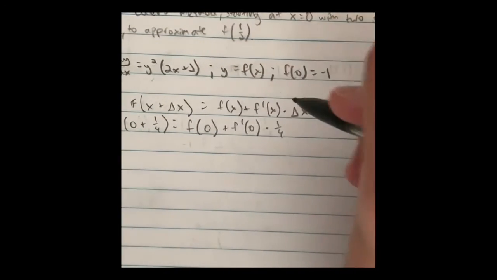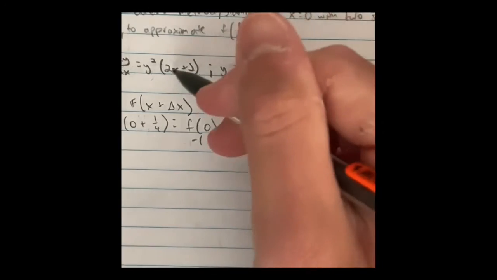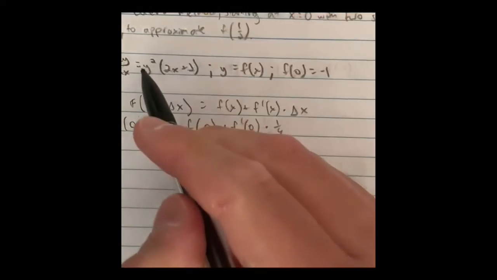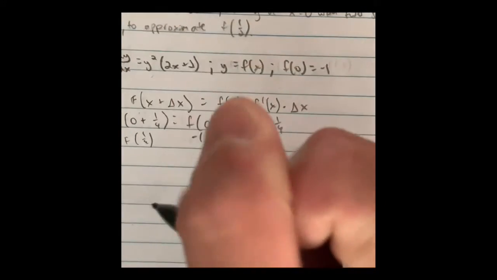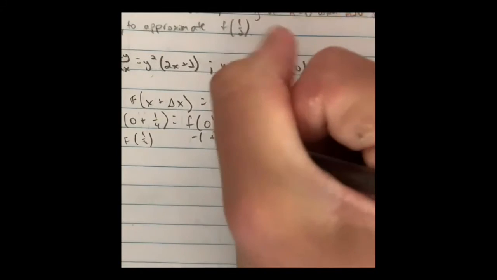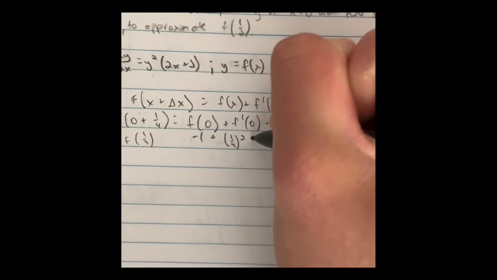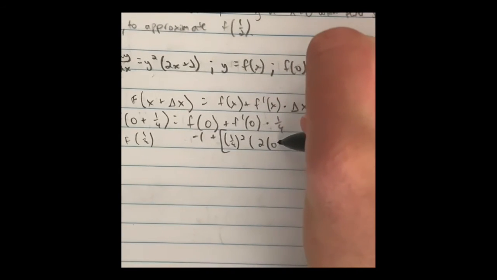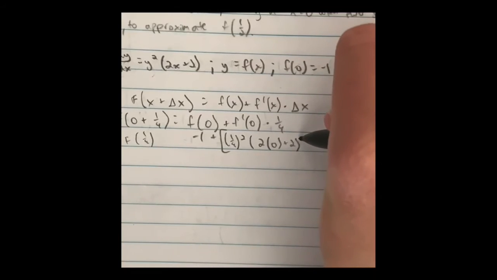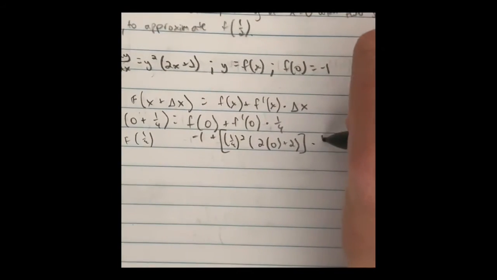It tells us that f of 0 is -1. And then f prime of 0, you would plug 0 into this equation right here. And it tells us that y is just f of x, and f of x at this point is f of 0, which is -1. So you would do -1 squared times 2 times 0 plus 2, times 1/4.